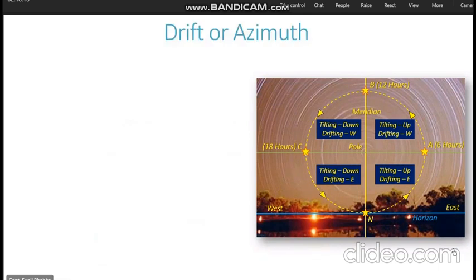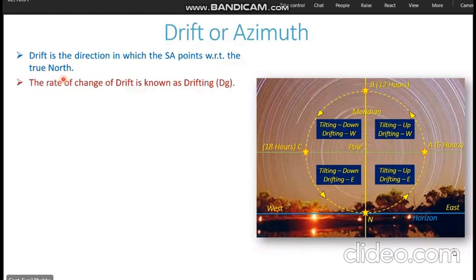On to understanding of the drift and the drifting formula. Drift is the direction in which the spin axis points with respect to the true north. It refers to the azimuth of the gyro star. Whatever is the azimuth of the gyro star, same will be the drift of the spin axis.